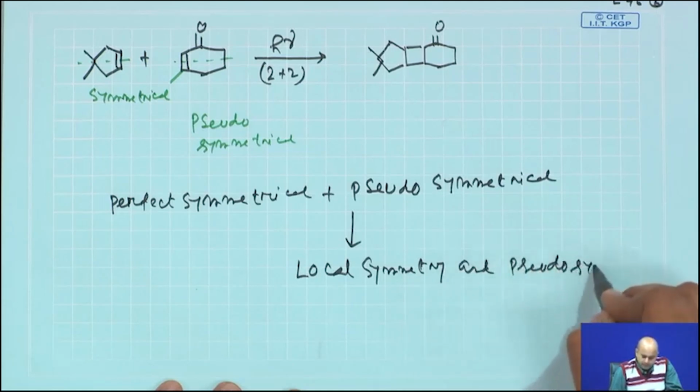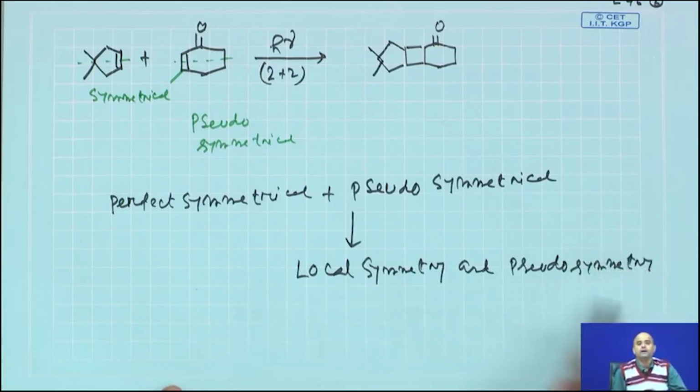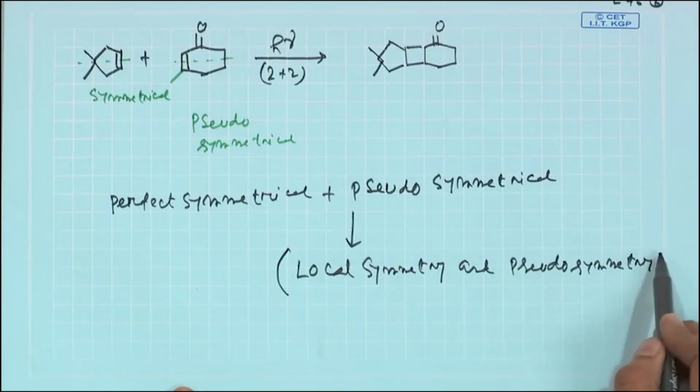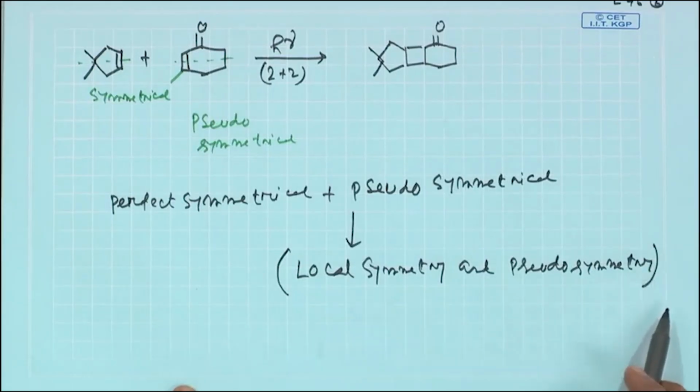It is obvious. So, this consideration I am basically trying to highlight. In a normal textbook you will not get it. Basically the analysis through local symmetry and pseudo symmetry is very crucial and is a nice demonstration.